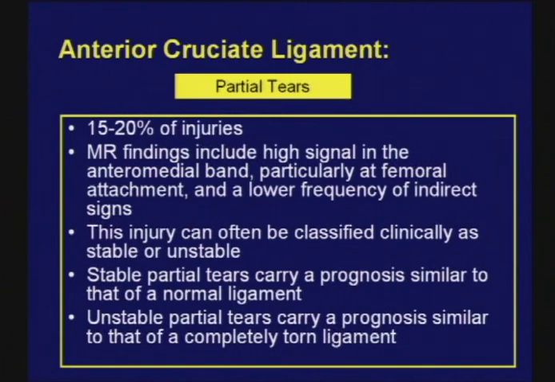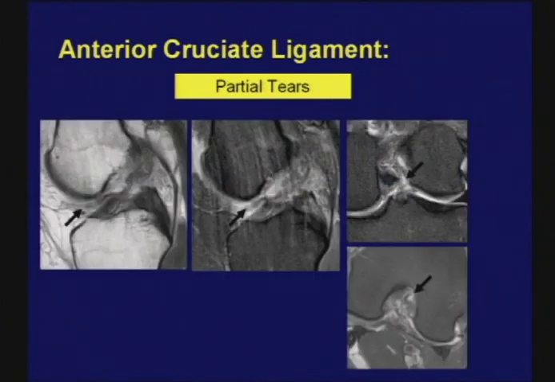So even though you're struggling, is it partially torn or not, if the orthopedic surgeon tells you the ligament is stable on physical exam, it probably doesn't matter what you're saying about it because it's going to be treated conservatively. This is one example of a partial tear, mainly of the anteromedial band, with, in fact, intact posterior fibers. They don't look perfectly normal, but with stump entrapment, as those fibers have rotated anteriorly.